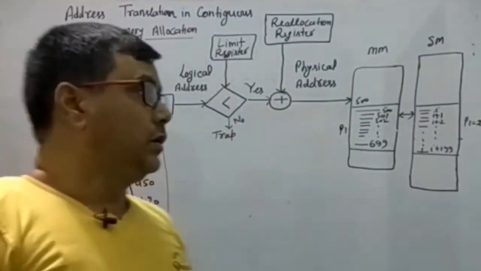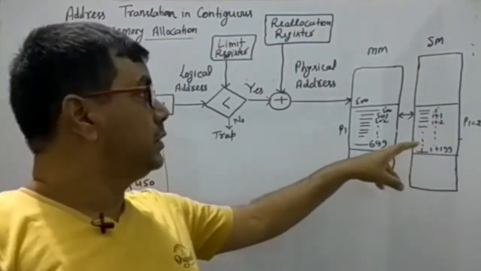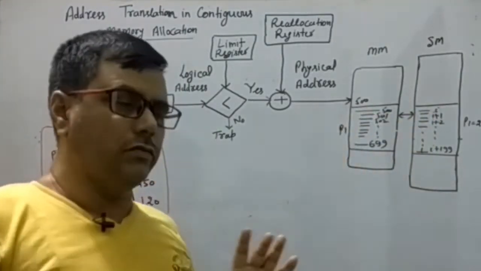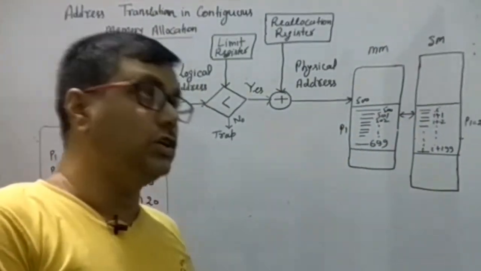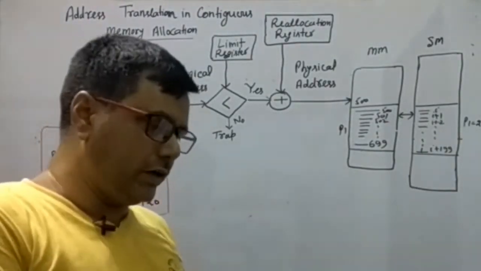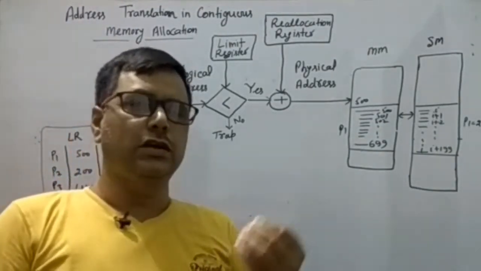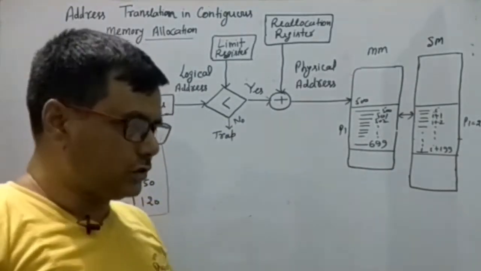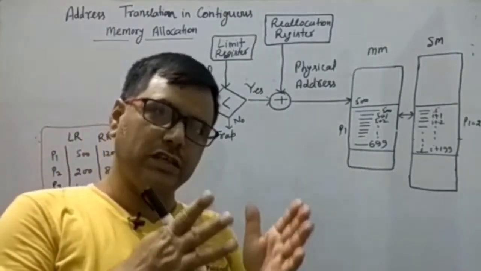Mapping in contiguous memory allocation is very easy in comparison to the non-contiguous technique, where a process is divided into many small chunks and may not be stored at a single place.